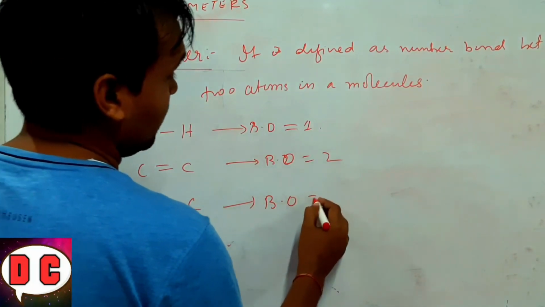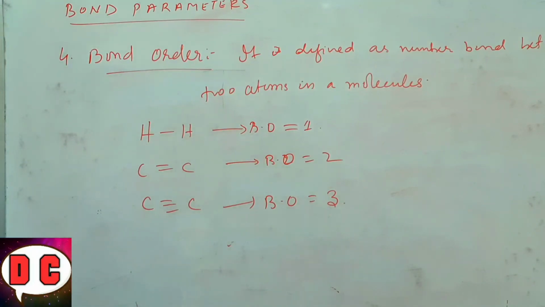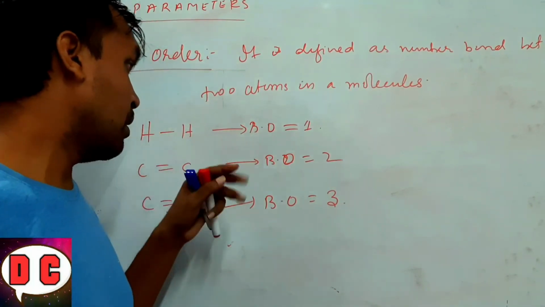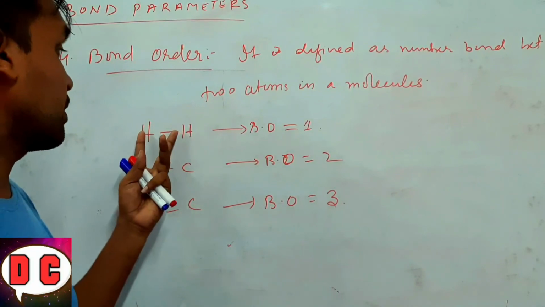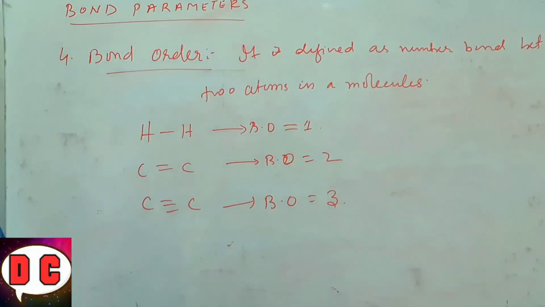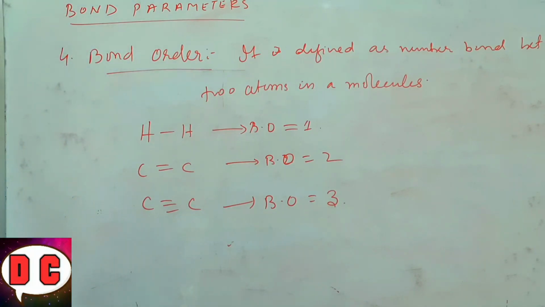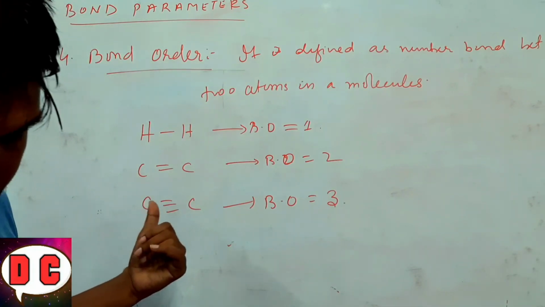Bond order will be 3. Understood? So bond order is nothing but the number of bonds between the two atoms in a molecule. So whatever the number of bonds between the two atoms, that will be called bond order. Okay, got it?